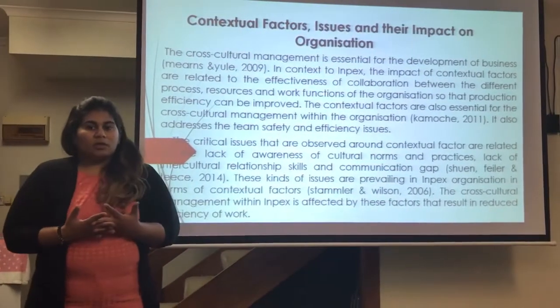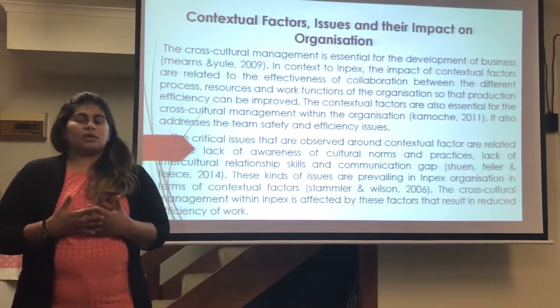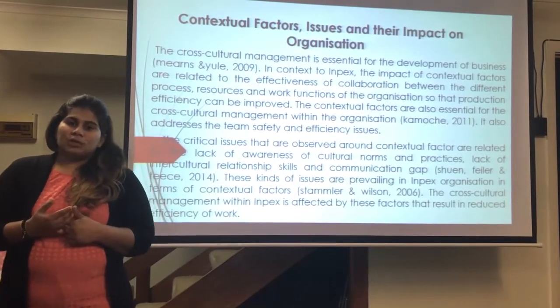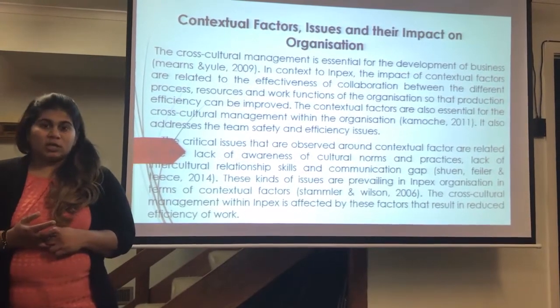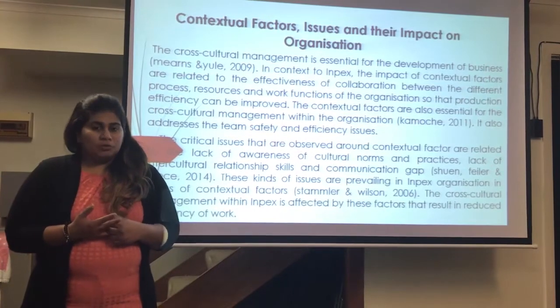The impact of contextual factors is related to the effectiveness of collaboration between the different processes, resources and work functions of the organization so that production efficiency can be improved.